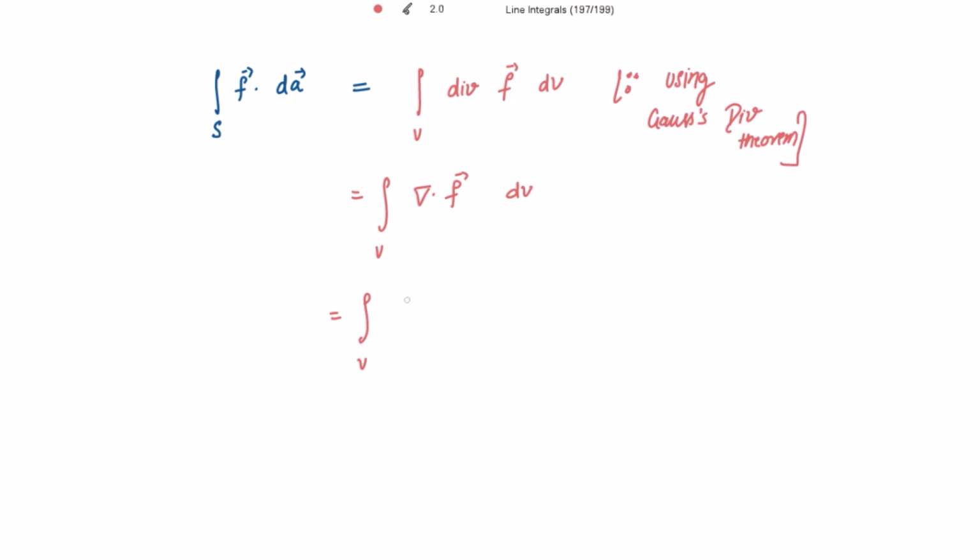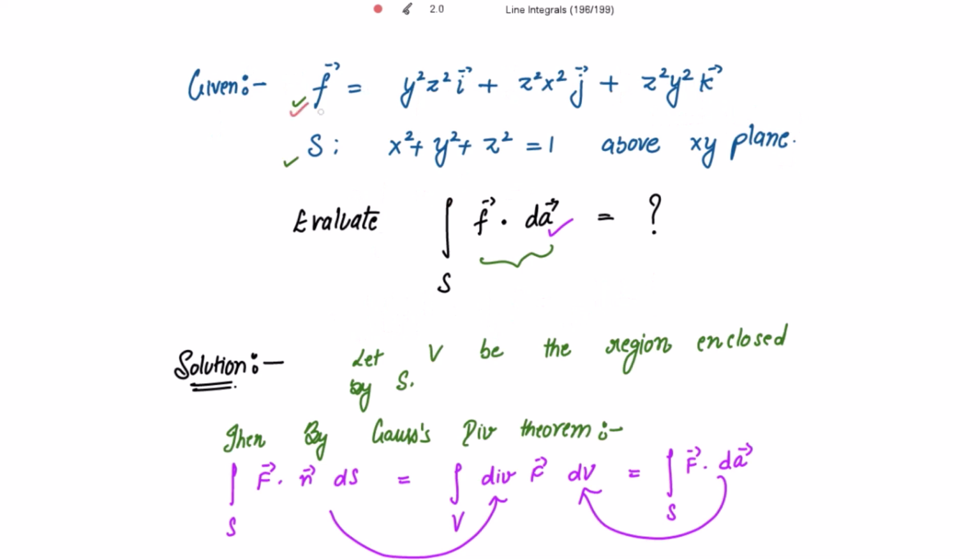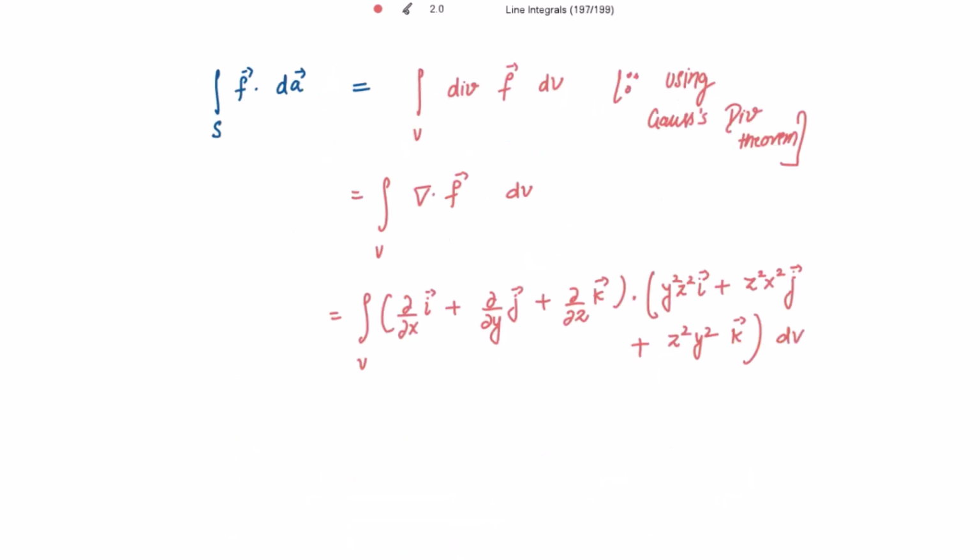Writing del as partial over partial x i vector plus partial over partial y j vector plus partial over partial z k vector, and taking its dot product with f vector, which is given to us as y square z square i vector plus z square x square j vector plus z square y square k vector, dv.